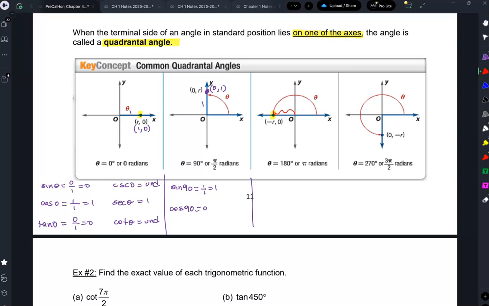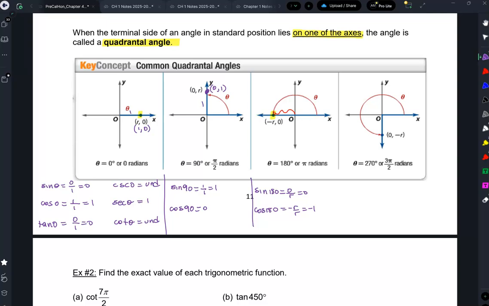So now sine of 180 is 0 over the radius r. Cosine, right? It's the x coordinate over r. How much would it be? Negative r over r, negative 1.